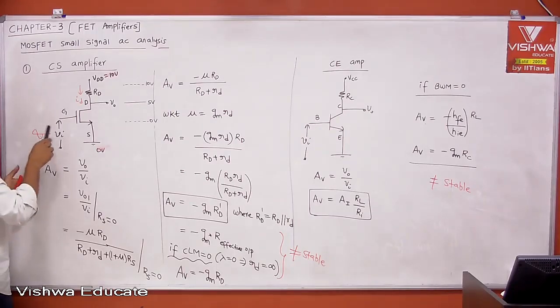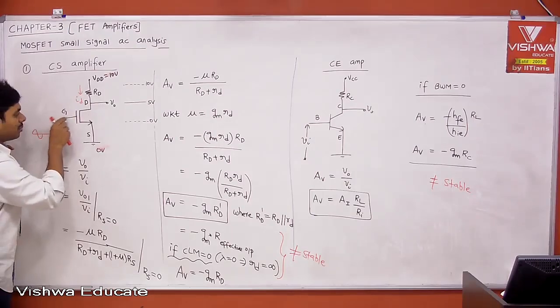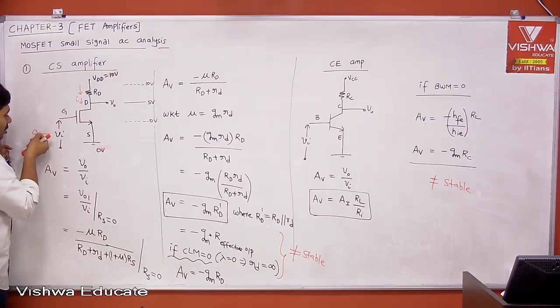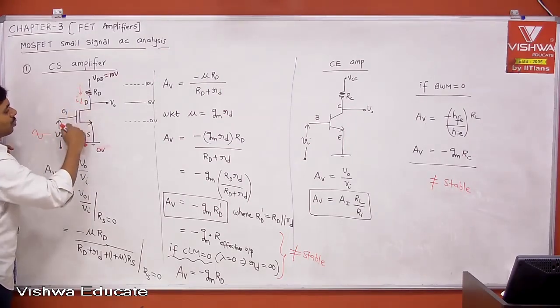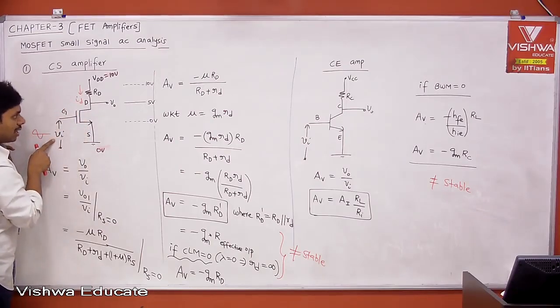Now the small signal whatever you want to amplify, when input is increasing by a small quantity, there is no input current. In the case of BJT we have input current, right? When you apply the small signal and input is increasing, your ID will increase because this is a voltage controlled current source. ID is equal to GM into VGS or VI.